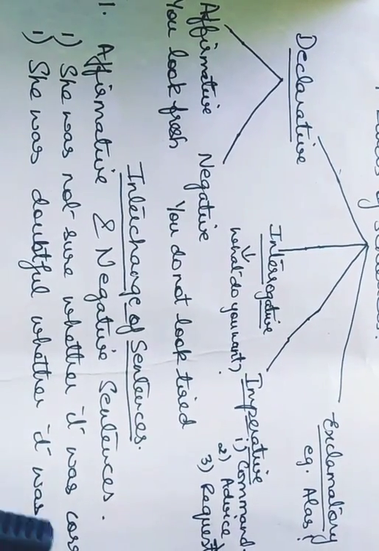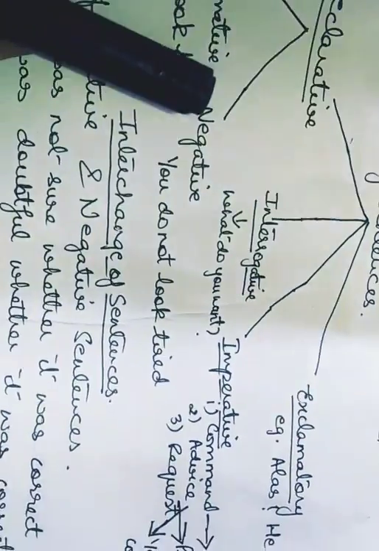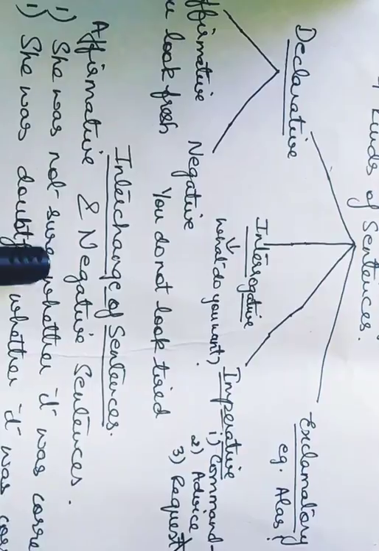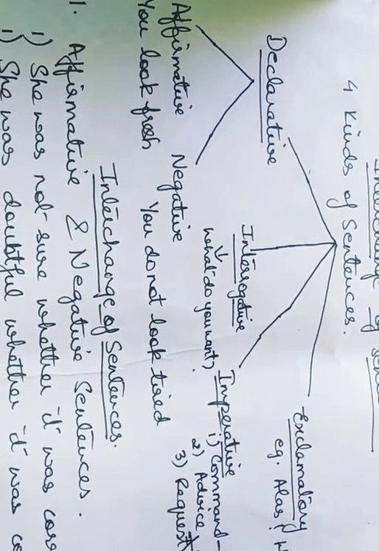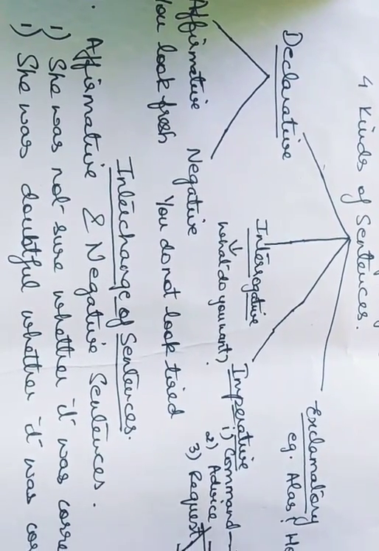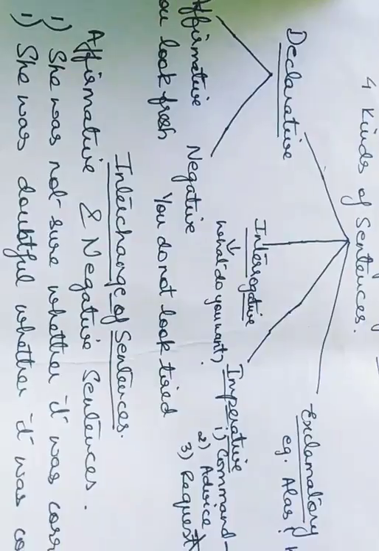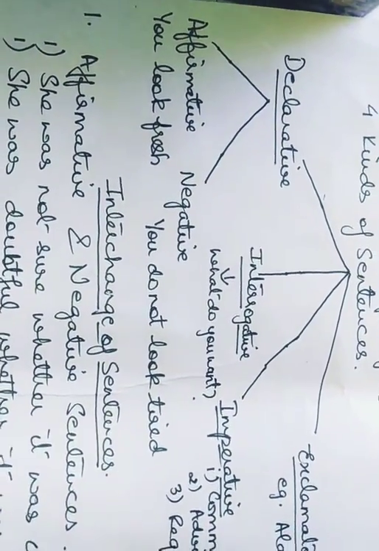Now, the first sentence is a negative sentence. She was not sure whether it was correct. This is a negative sentence. The affirmative of that would be she was doubtful whether it was correct.